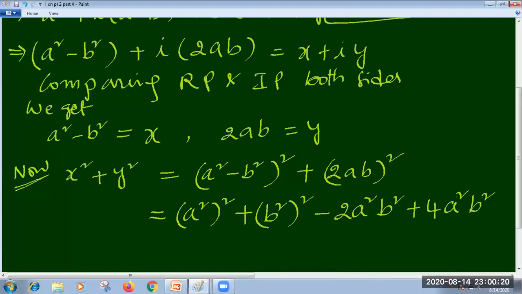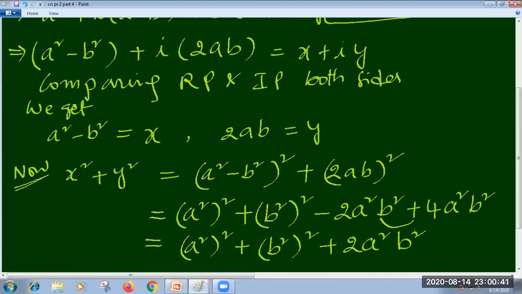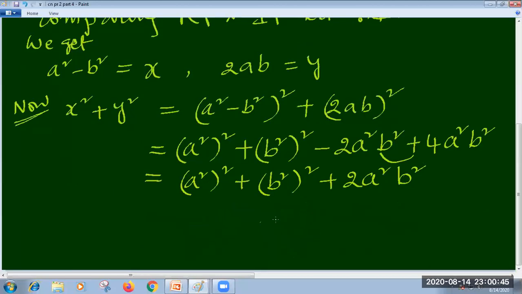So these are like terms: a to the power 4, plus b to the power 4, minus 2a square b square plus 4a square b square will become 2a square b square. You observe this one, this is nothing but the a square plus b square plus 2ab form.